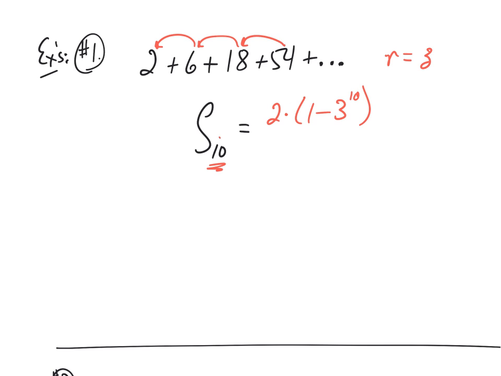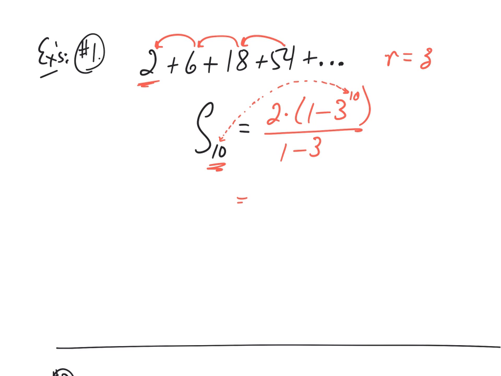The number of terms we're adding up and the power in this formula are equal. Then we have to divide by 1 minus r. So we put in a1, that's the number 2, our first term, multiplied by 1 minus 3 raised to the 10th power, and then divide by 1 minus 3.